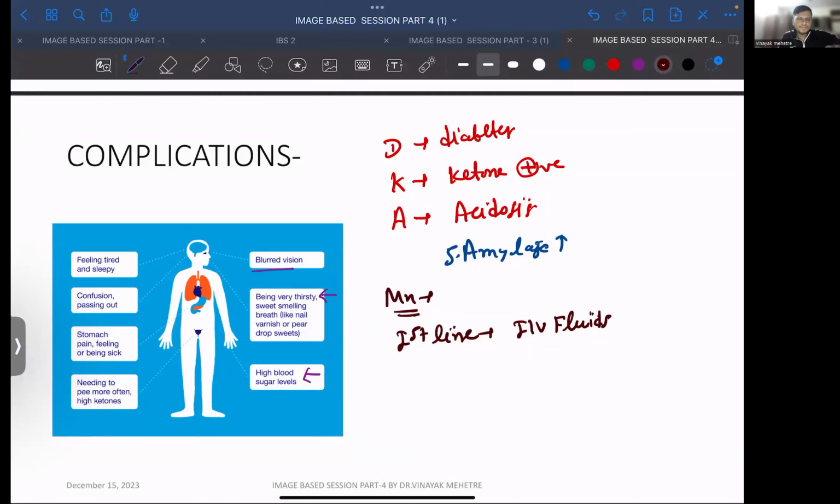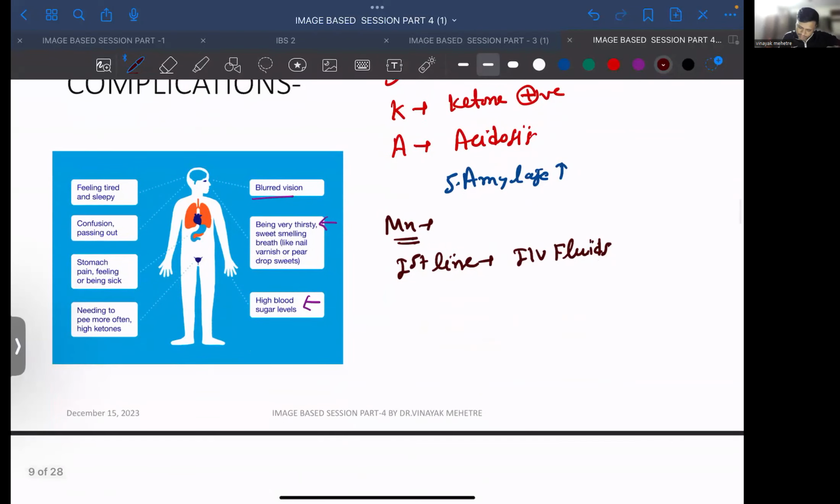Okay, IV fluids. और क्या क्या देंगे हम इसमें? IV fluids के साथ साथ we will give regular insulin. कैसे? That is IV.